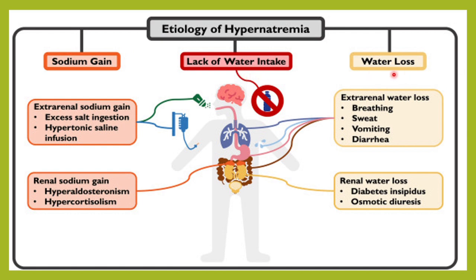Water loss could be because of breathing, sweating, vomiting, diarrhea, or it could be a renal condition which can cause water loss, like diabetes insipidus. If there is osmotic diuresis, that can all cause water loss and increase the sodium concentration. Suppose the patient is not taking adequate water, or the patient is gaining sodium, like excessive salt ingestion or hypertonic saline infusion, or the patient has kidney issues with renal sodium gain because of hyperaldosteronism or hypercortisolism; all this will cause increased sodium.